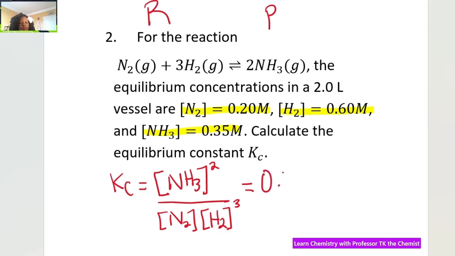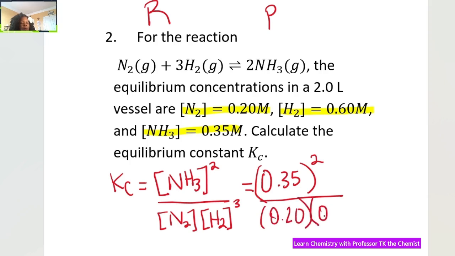So 0.35, and I'm not going to use the units because the units are going to cancel out anyway. And because we're talking about constants, constants don't typically have units anyway. It's just the number. So we square that value, and on the very bottom, we're going to put 0.20 times 0.60 to the power of 3.